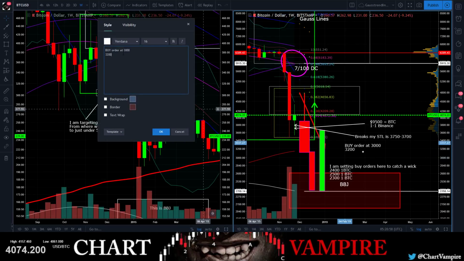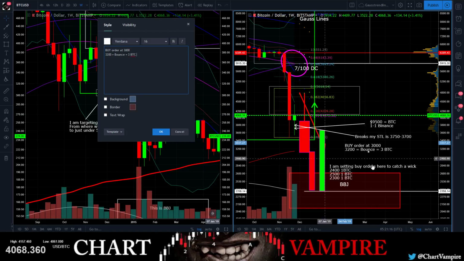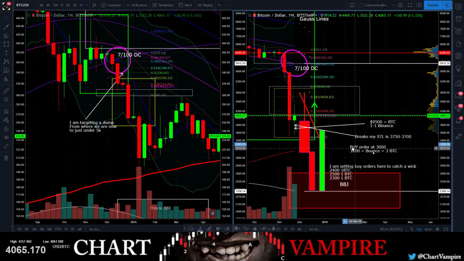But these will only play the bounce. These are only for the bounce. Now my total value of this will equal 3 BTC. So I'm going to have 3 BTC of a buy order scheduled right here.